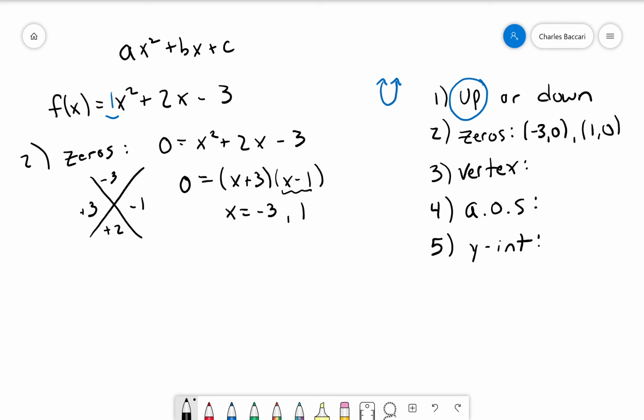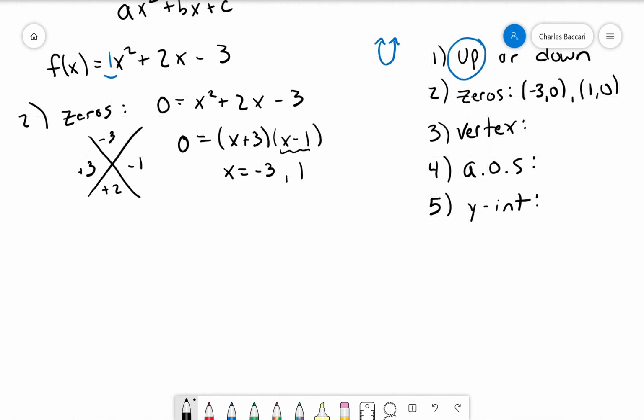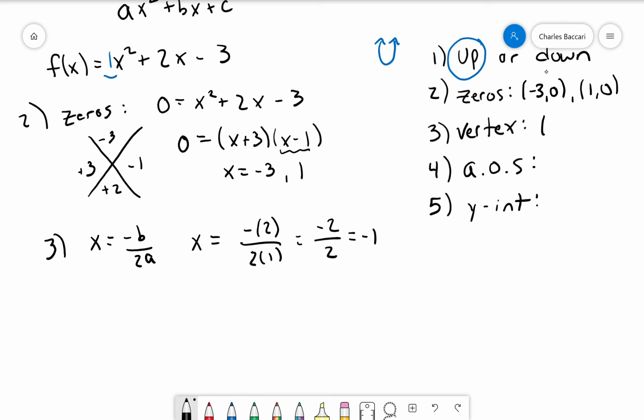Okay, so that's done. If we want to do the vertex, remember our formula for vertex was x is equal to negative b over 2a, which means that we have x is equal to negative b, which is 2, over 2 times a, which is 1, which means we have negative 2 over 2, which is negative 1. So our x value for the vertex is negative 1. And then if we plug that back in, we have x squared plus 2x minus 3.